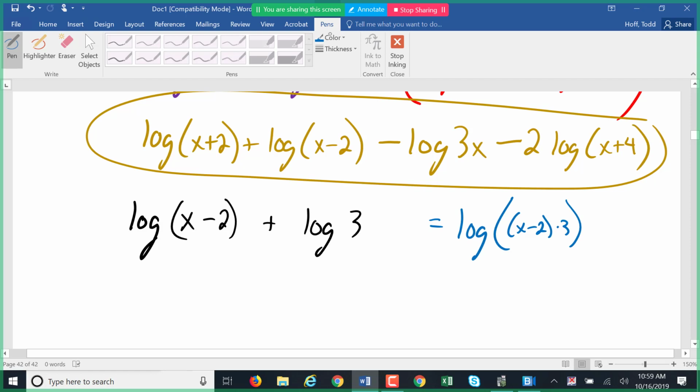And of course, I can multiply those out, distributing the 3 back through the parentheses, log of 3x minus 6.